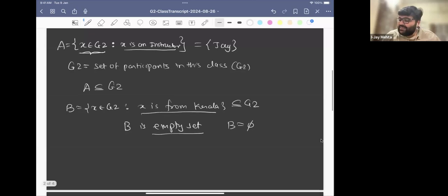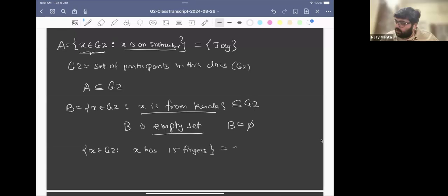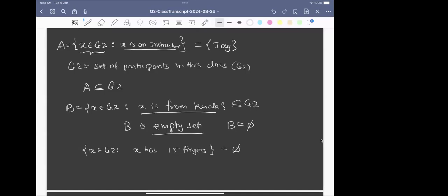If I say the set of X in G2 such that X has 15 fingers, what is the set then? Advait? So it will be an empty set again. It's an empty set again, right? Does anybody have 15 fingers? No, sir. No, right? Okay, fine.